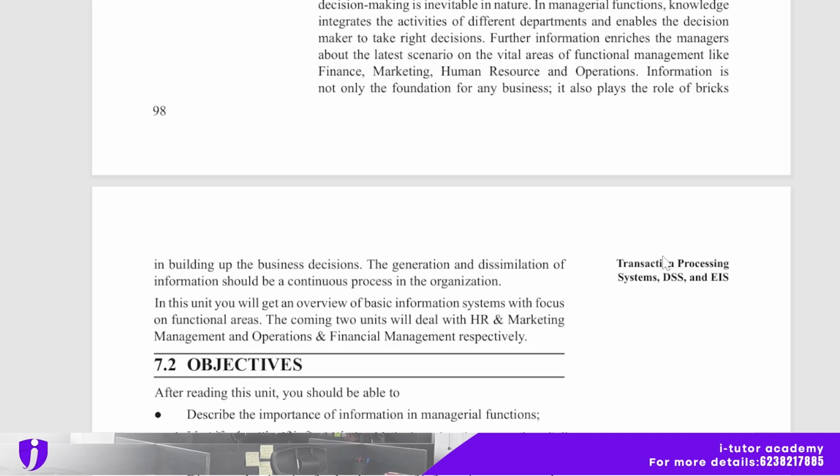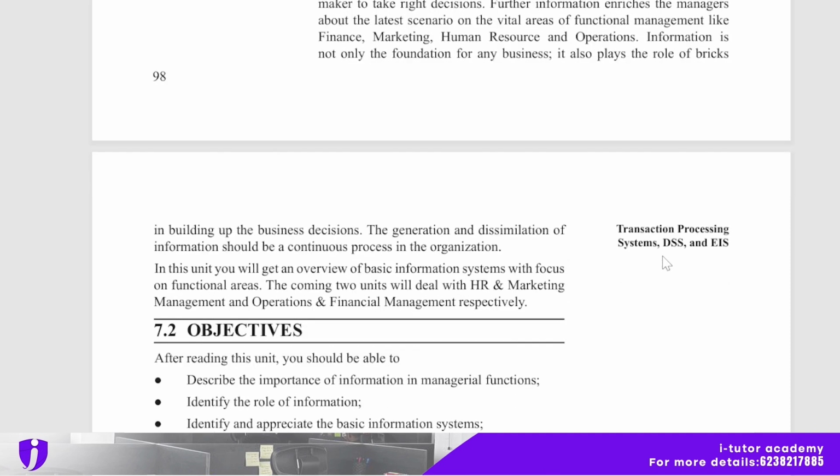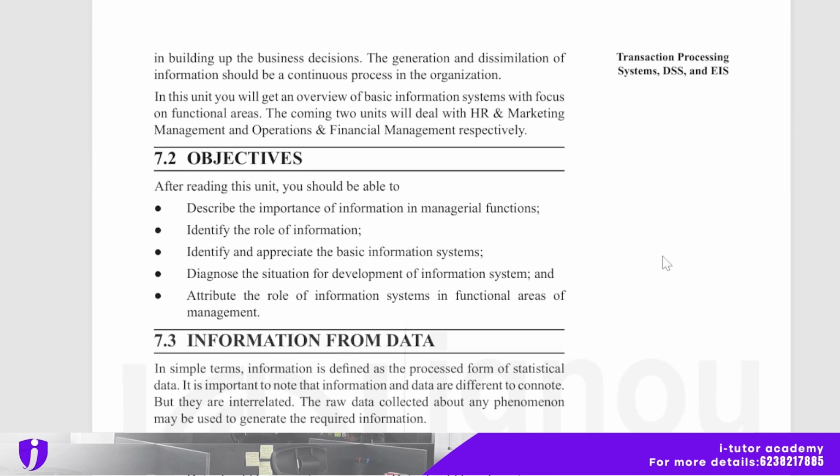Information is not only the foundation for any business, it also plays the role of bricks in building up the business decision. The generation and dissemination of information should be a continuous process in the organization. So in this unit you will get an overview of basic information systems with the focus on functional areas.